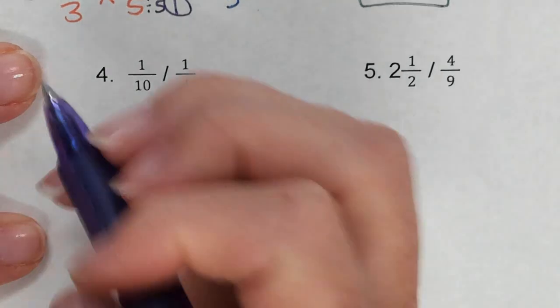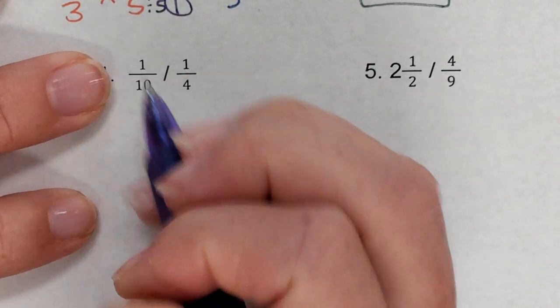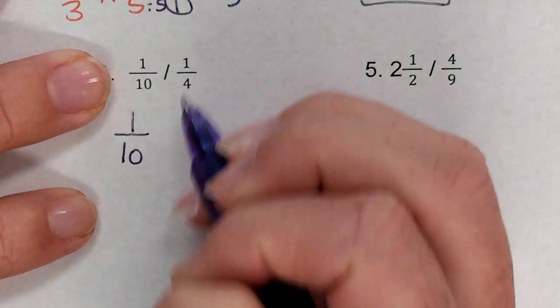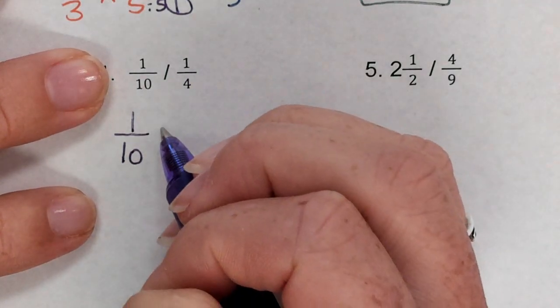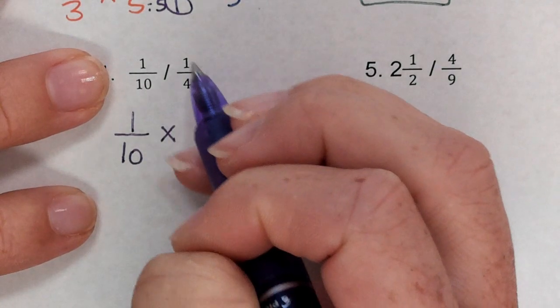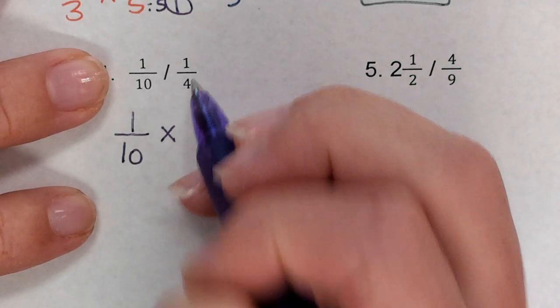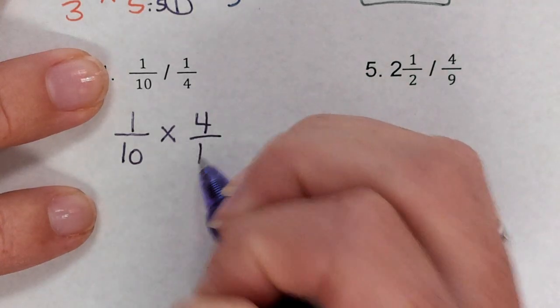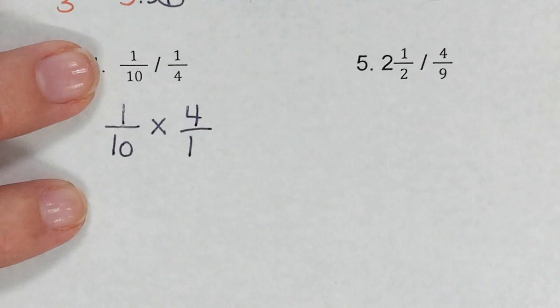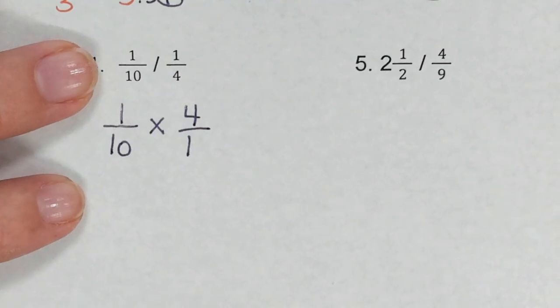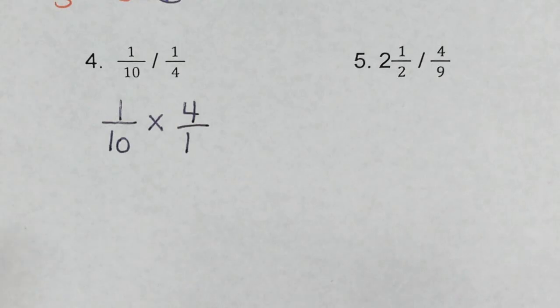Okay, you should have kept the first one, 1/10, change the division sign to multiplication, flip this to its reciprocal, which is 4/1. Now, if you were going to cross simplify, could you? Yes, I'm not going to do it though to not confuse anybody.